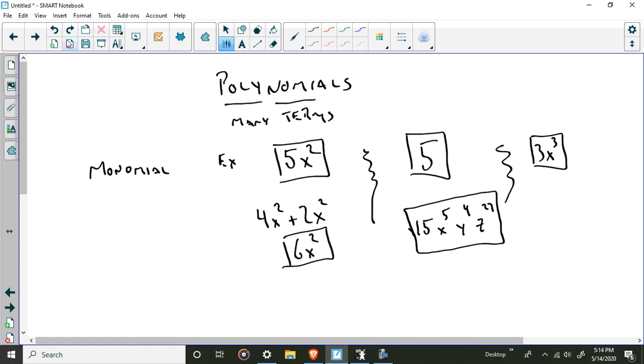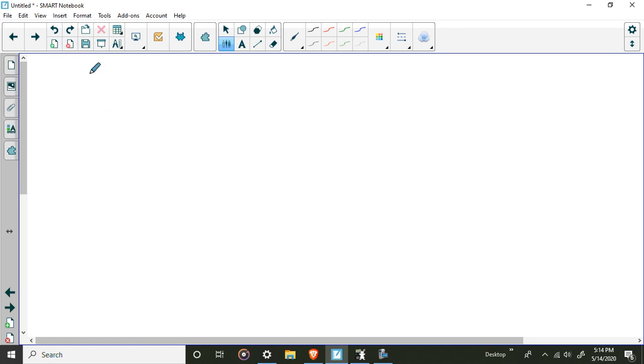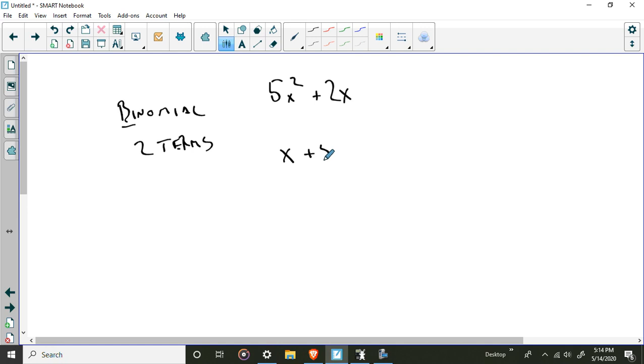So, a binomial. A binomial has two terms, okay? Bi meaning two. So if I said 5x squared plus 2x, or if I said x plus 5, or if I said 3x to the 4th plus 6y, okay?